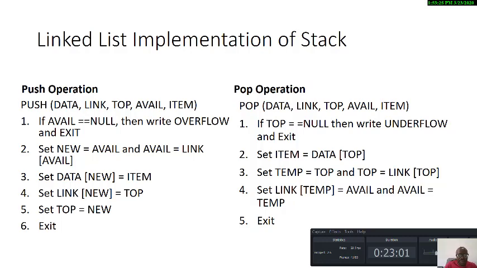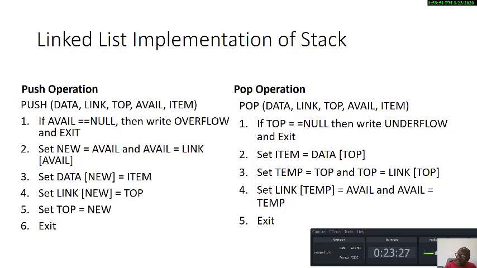These are the parameters that are needed for our algorithm. First, let's check whether there's overflow before we insert. For linked list, to check the overflow, you must check whether the avail pointer is pointing to an empty node. If the avail pointer is not pointing to any empty node, it means it is null. And if it is null, then there's no empty space to insert, and therefore there's an overflow, so you exit.